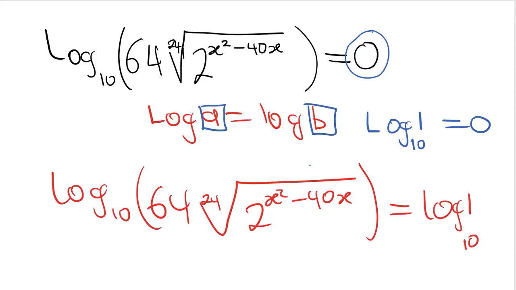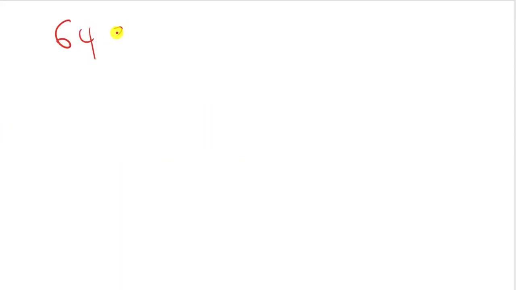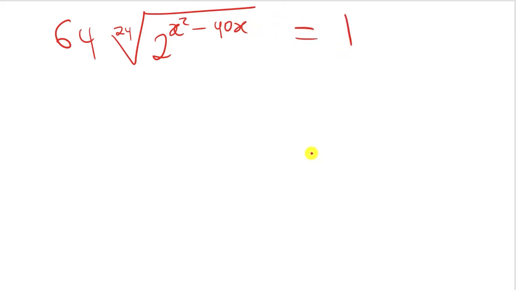So now we are going to equate whatever we are having here to the 1, because from what we are having here, we have log a to the base 10 being equal to log b to the base 10. So we are going to have our 64 times the 24th root of 2 exponent x squared minus 40x being equal to 1.